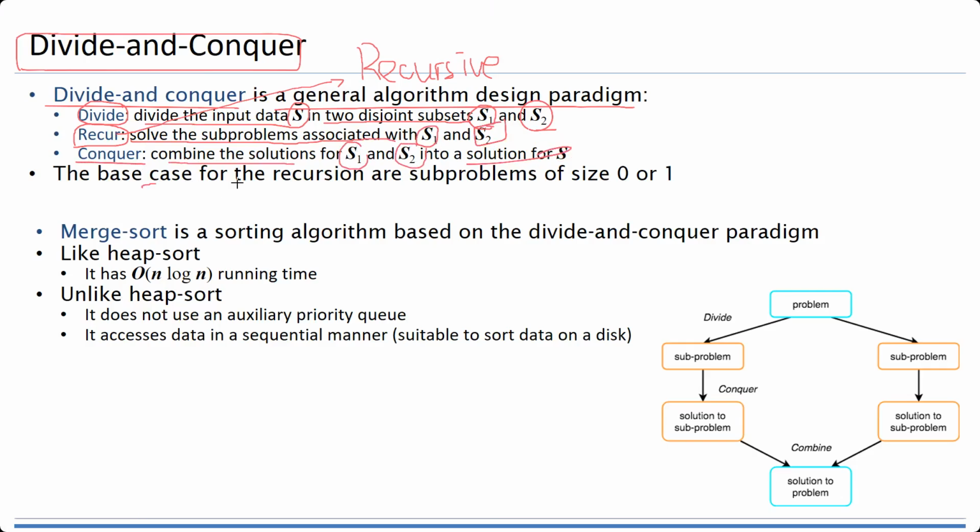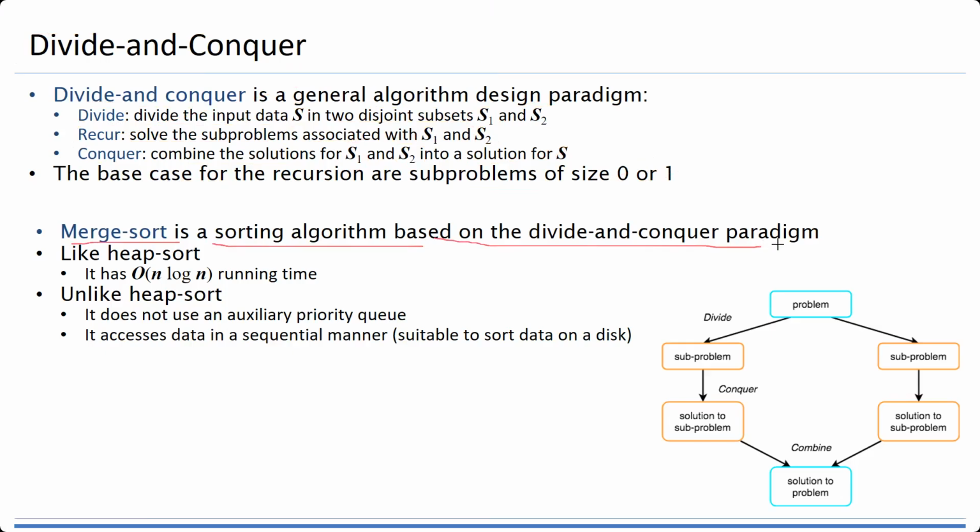So the base case for the recursion is the subproblem of size 0 or 1. We call it merge sort. It is a sorting algorithm based on the divide and conquer paradigm, like heap sort. I didn't explain the heap sort, but if you have your own time, you can look at it. Heap sort will run in O(n log n).